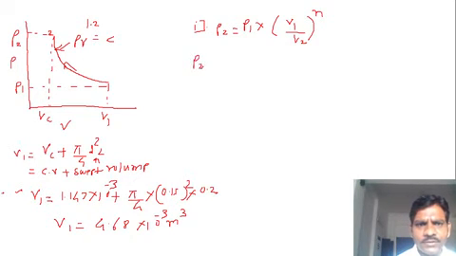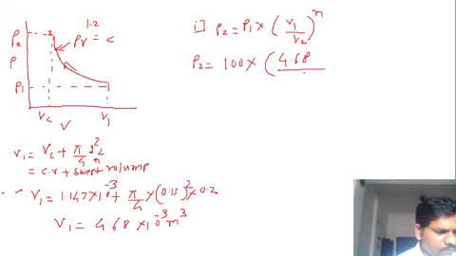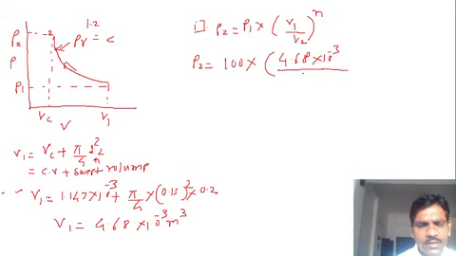So P2 is equal to, P1 is 100 kilonewtons per meter square, 100 multiplied by V1, 4.68 into 10 to the power minus 3, divided by V2, which is 1.147 into 10 to the power minus 3, to the power N.